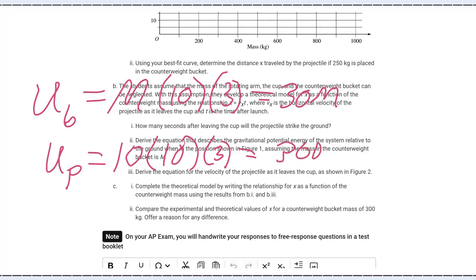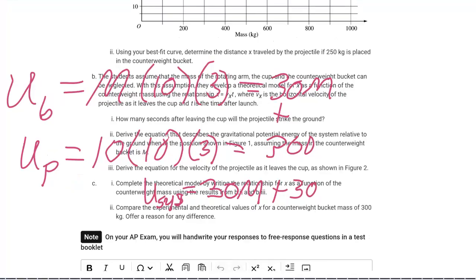So our potential energy of the system is 30m plus 300.